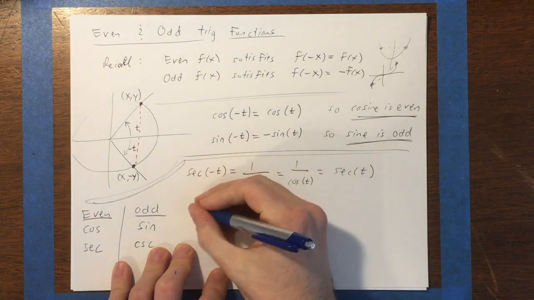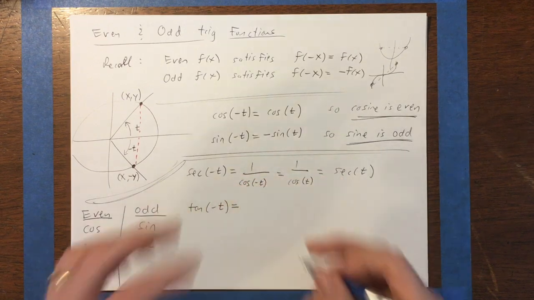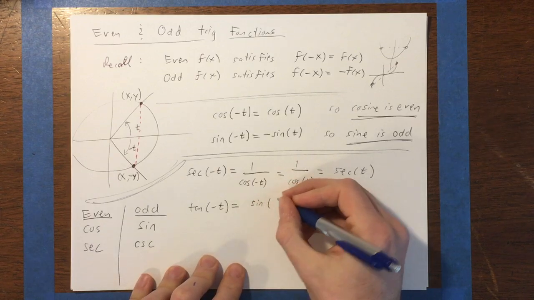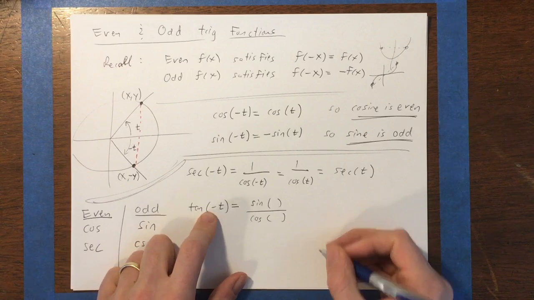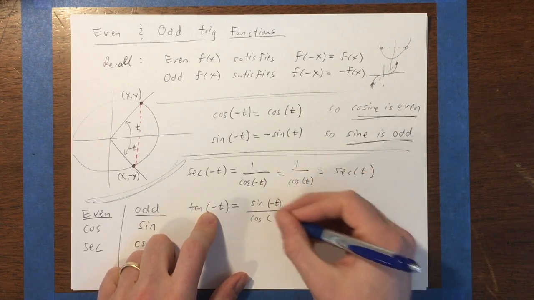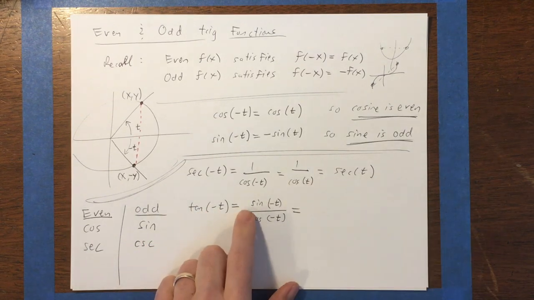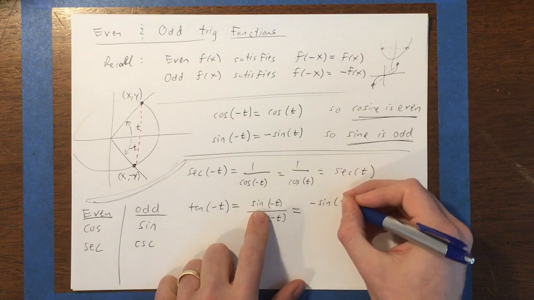Next, let's look at tangent. Tangent of negative t, the quotient identity says that tangent is sine over cosine. So if we're putting negative t into the tangent function, we've got to put negative t into sine and negative t into cosine, like that. Now, since sine is odd, the numerator here is negative sine of positive t.